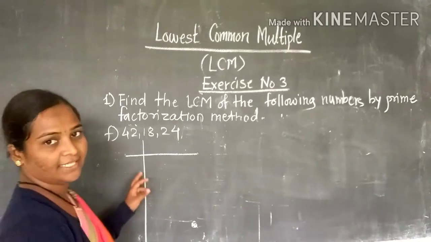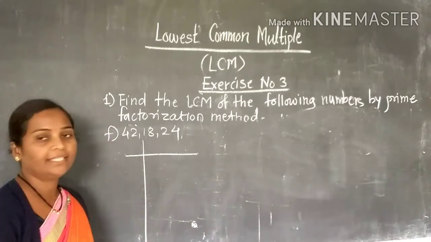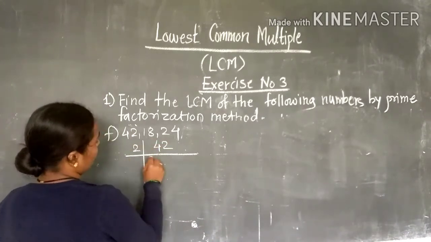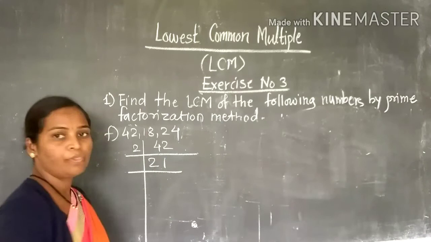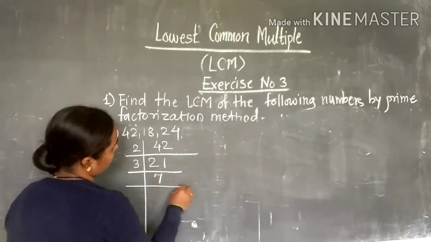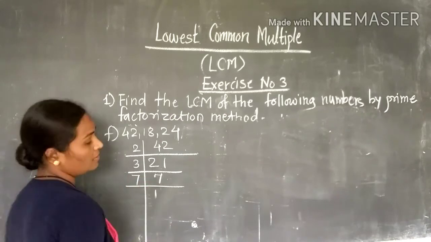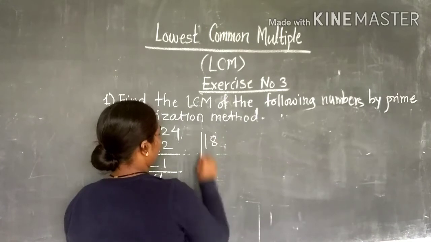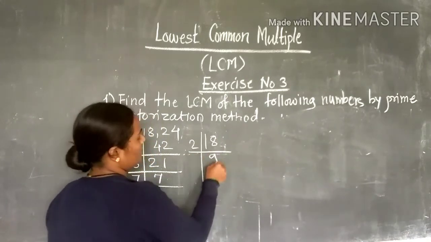Here is the next example, that is 42, 18 and 24. Let's check it. For 42, 2 2s are 4, 2 1s are 2. Then 3 7s are 21, 7 1s are 7. Next is 18. 2 9s are 18.